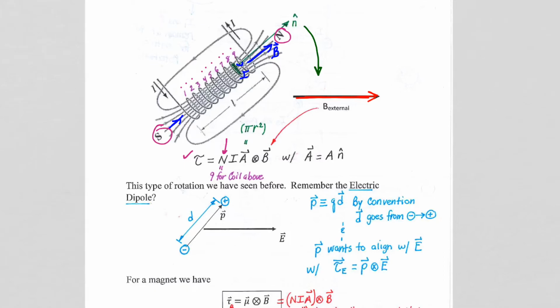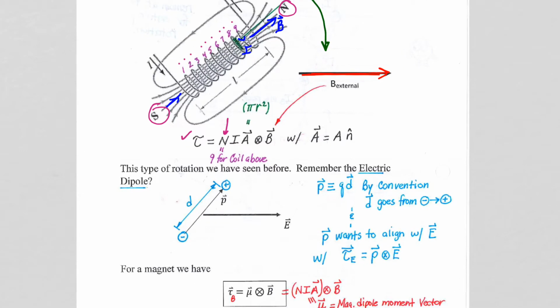But to remind ourselves of what we did with the dipole rotation in the electric field, we introduced the P vector by definition as its own entity, as Q times D, because we saw that we could put the rotation, the torque, as P cross E, and the potential energy as negative P dot E, right?